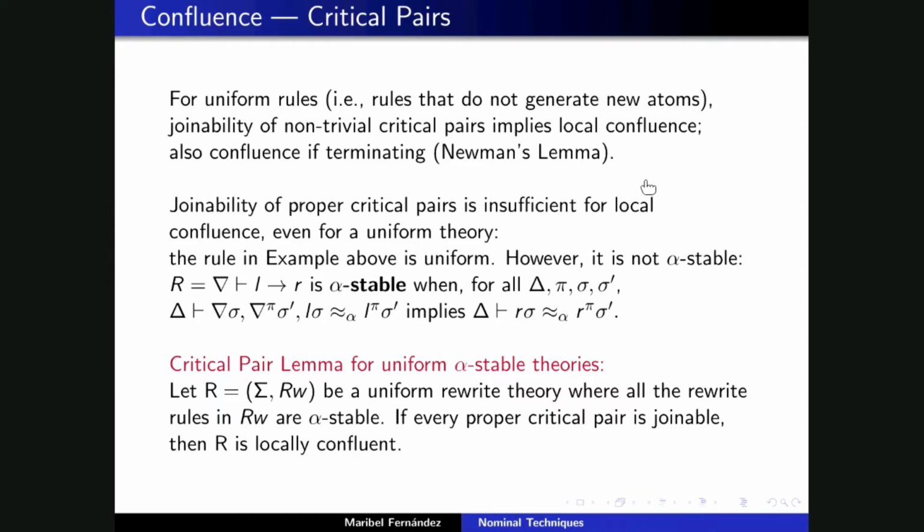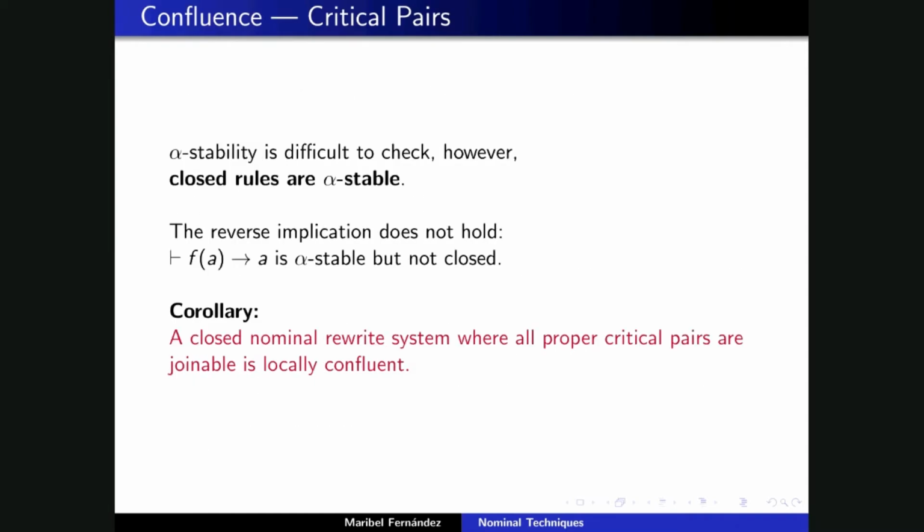If you are using non-closed rules, for example, for one of these applications that was mentioned in the chat in Jamie's answer, if you dynamically want to manipulate atoms, as long as you are within the uniform fragment, you don't generate new atoms, you can still work with non-closed rules and easily check properties like confluence. But when your rules are not uniform, then things become much more complicated.